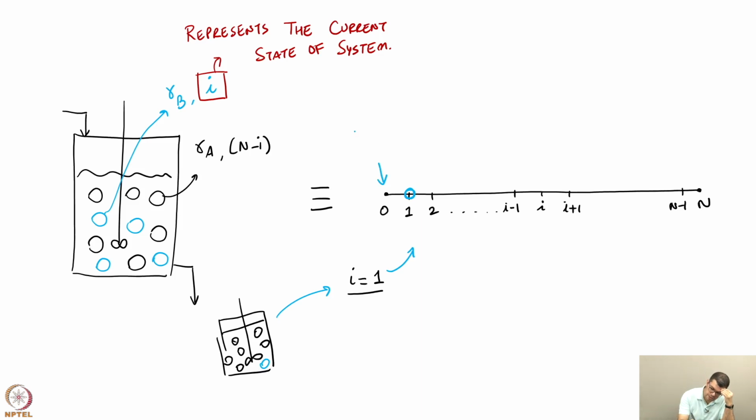So, this state means that B has gone extinct. I equal to n represents the state that there are n B type individuals in the population, which means B has reached fixation.